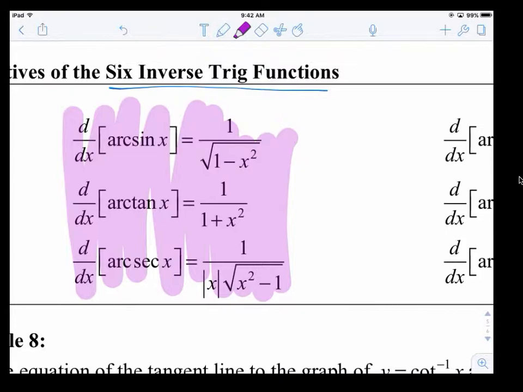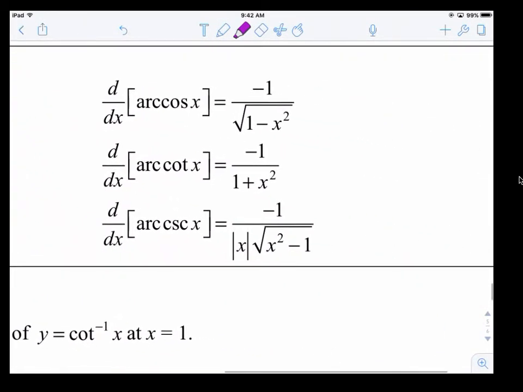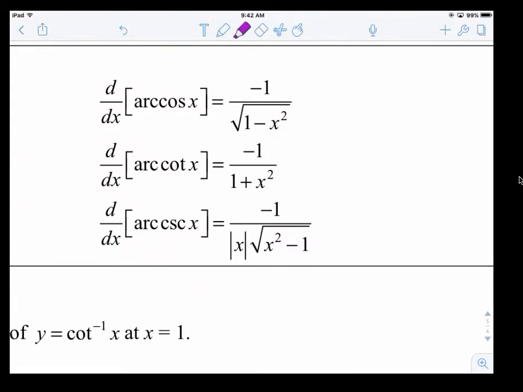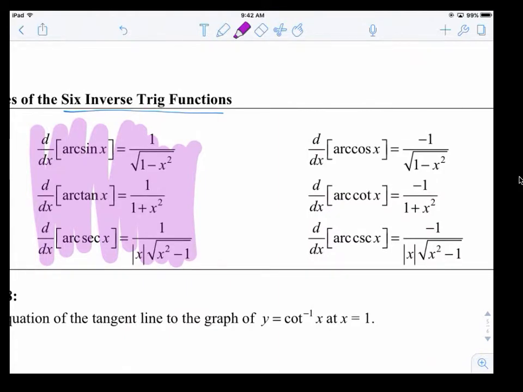And then arcsecant, 1 over the absolute value of x times the square root of x squared minus 1. And again, the derivative of any co-function is just negative. Sine and cosine go together. They're the same thing; the only difference is cosine is negative. Tan and cotangent are the same thing, cotangent is just negative. Secant and cosecant too.